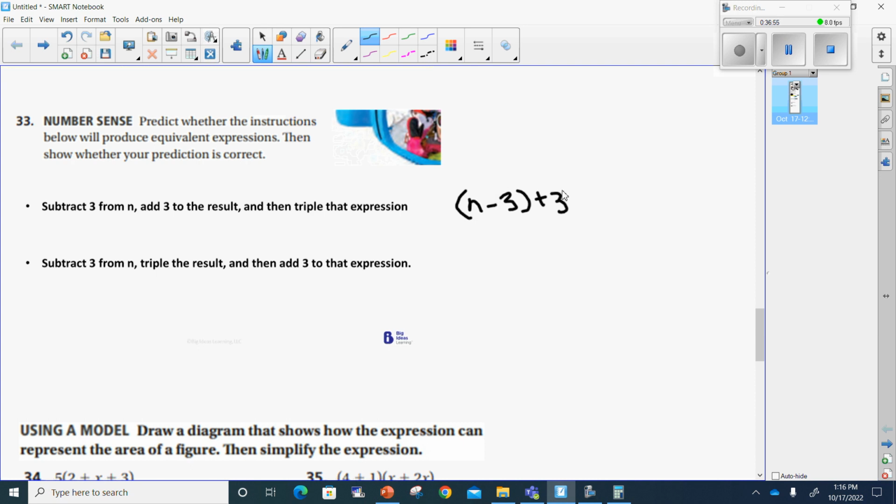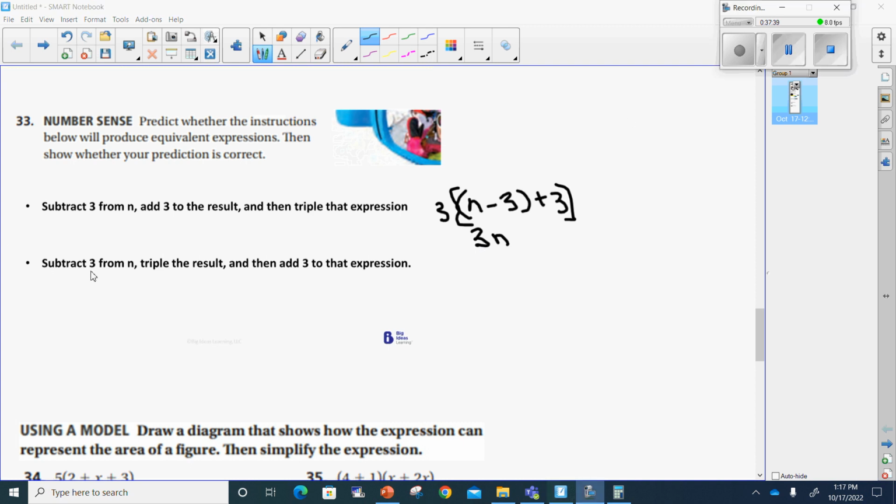So this whole expression here, we're going to multiply by 3. If I do the inside part first, and I have to, this is going to be n minus 3, and then plus 3. I'm not multiplying these together here. I'm just adding it. So negative 3 and plus 3 cancel, leaving n. So this is 3n.